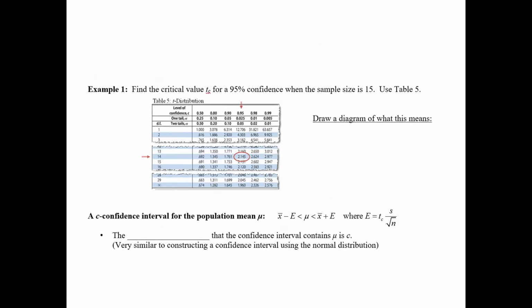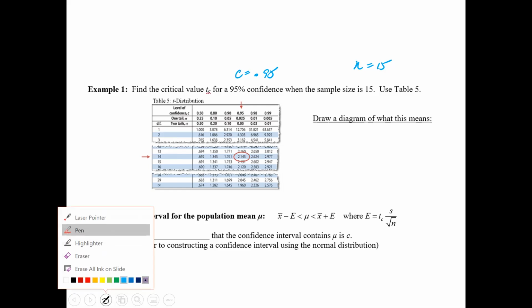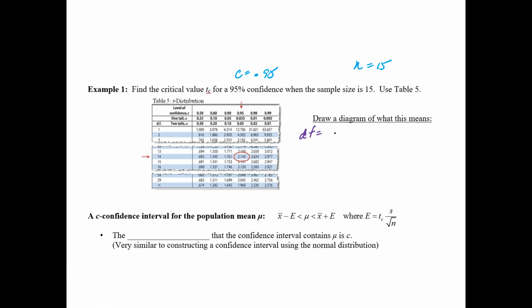All right, so let's go ahead and take a look at some of the examples. Here's the first one. It says find the critical value TC for a 95% confidence interval. So that's going to be c equals 0.95. When the sample size, which is n, equals 15, use table 5. Okay, so your degree of freedom is always n minus 1. So in this case, it is going to be 15 minus 1, and that's going to be 14.